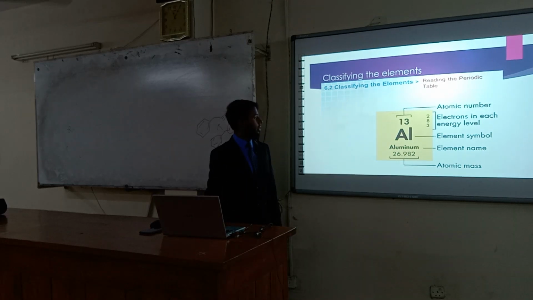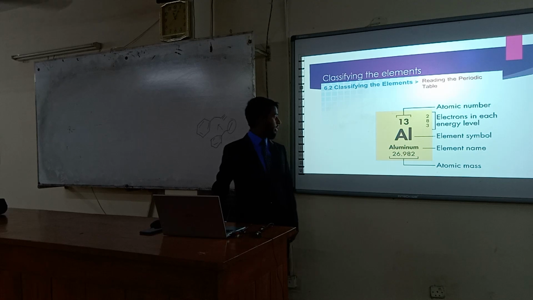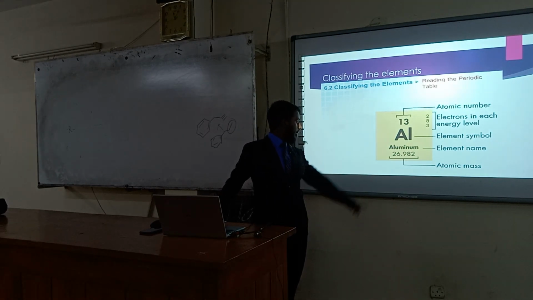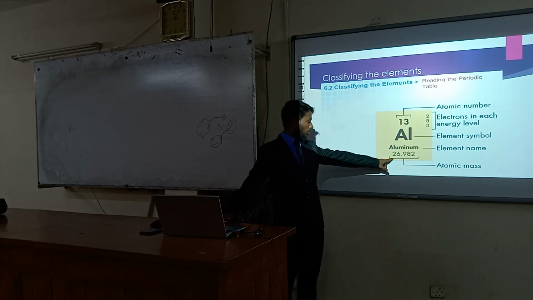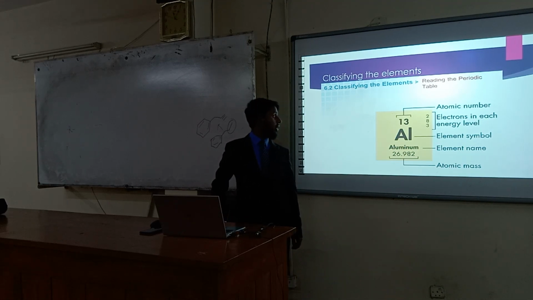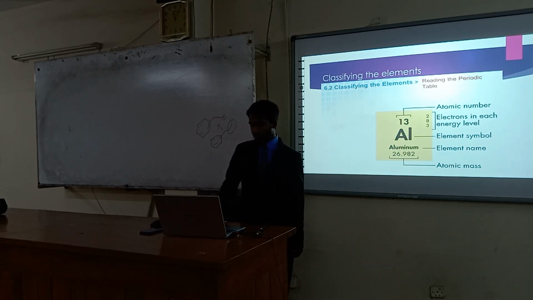Al means aluminium. Below this symbol we can see the element name, aluminium, and below this we can see the number 26.982. This is the atomic mass of this element. Thus we can know about this element, and we can classify these elements easily.